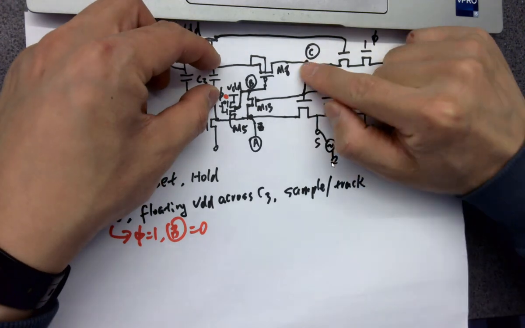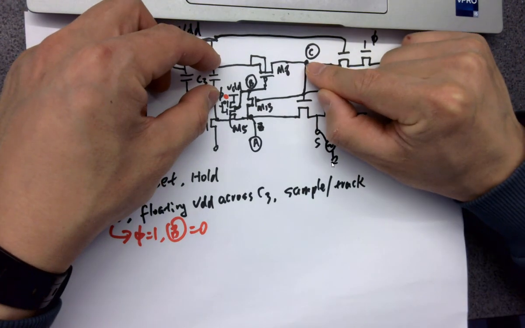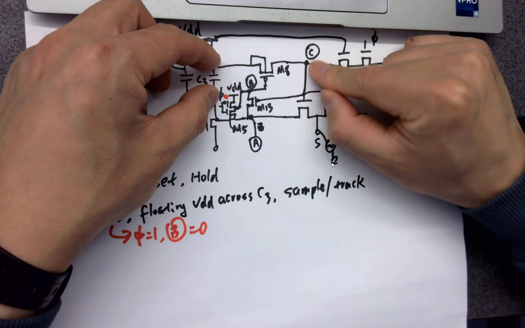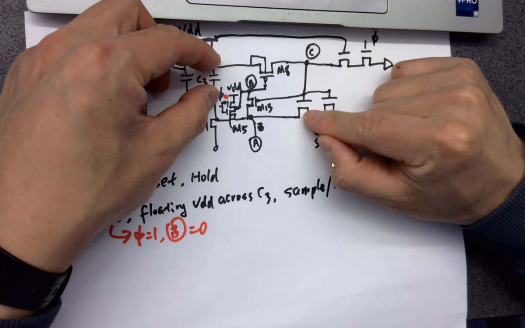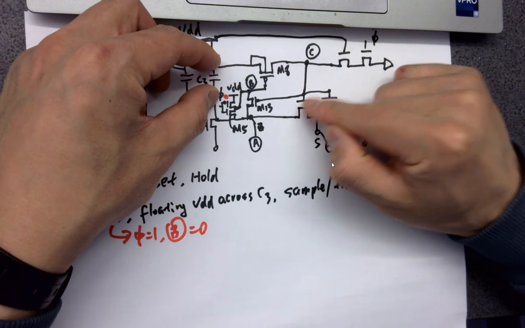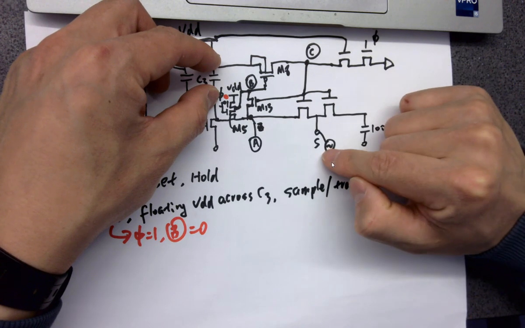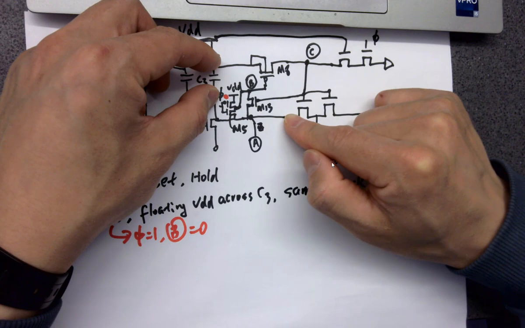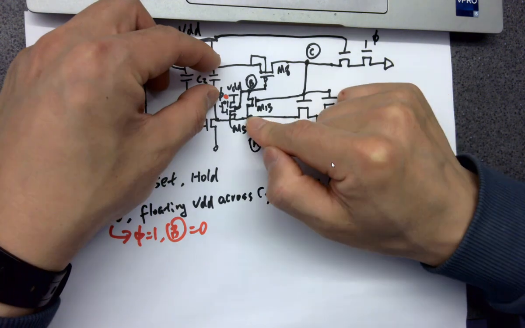How? Because we already know that this one is VDD now at least, and this is turning on this guy, this NMOS, and also this NMOS. But now let's just look at this NMOS. Because this NMOS is on, so the signal, the analog voltage, is able to pass, okay, to the same point.